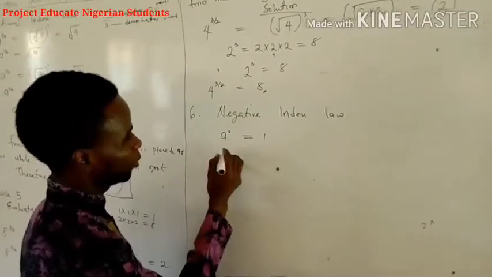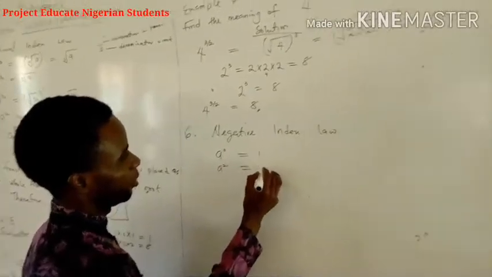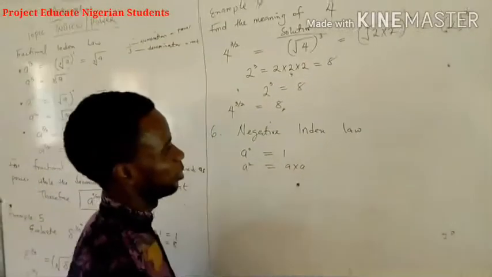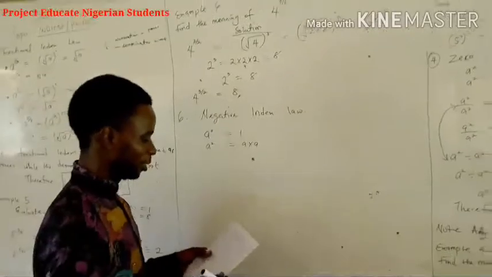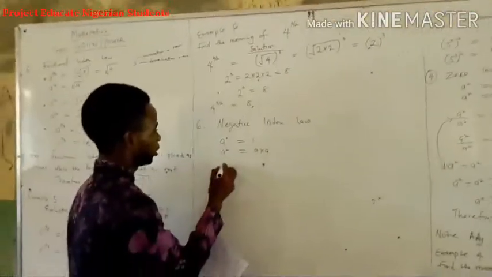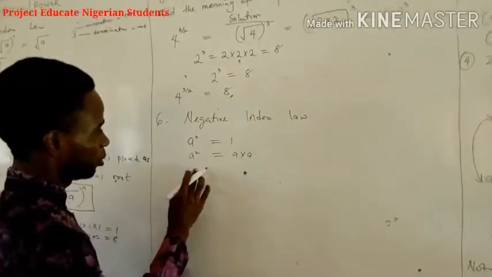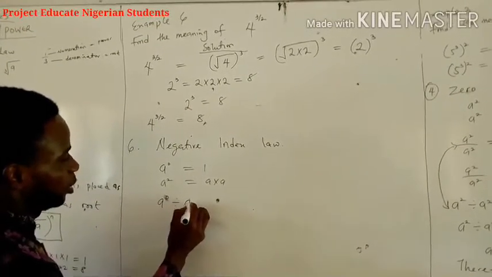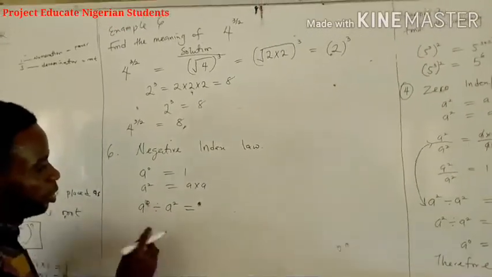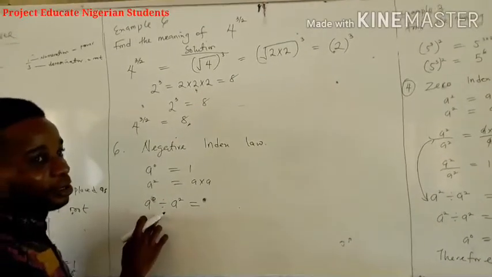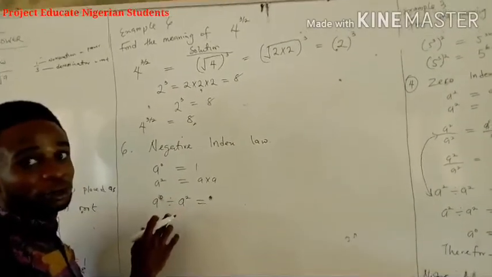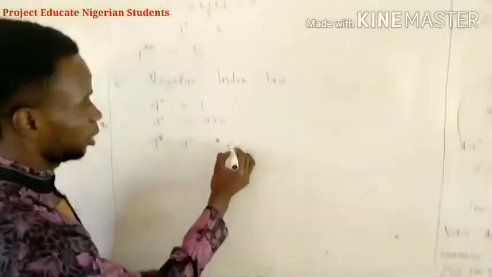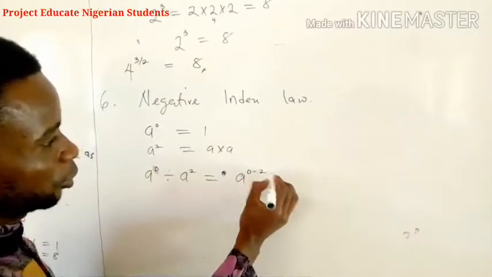Suppose we have a raised to the power of 2. This is a times a. Okay? And let's say we are dividing a raised to the power of 0 by a raised to the power of 2. So if we apply the division law here, we'll have a raised to the power of 0 minus 2.